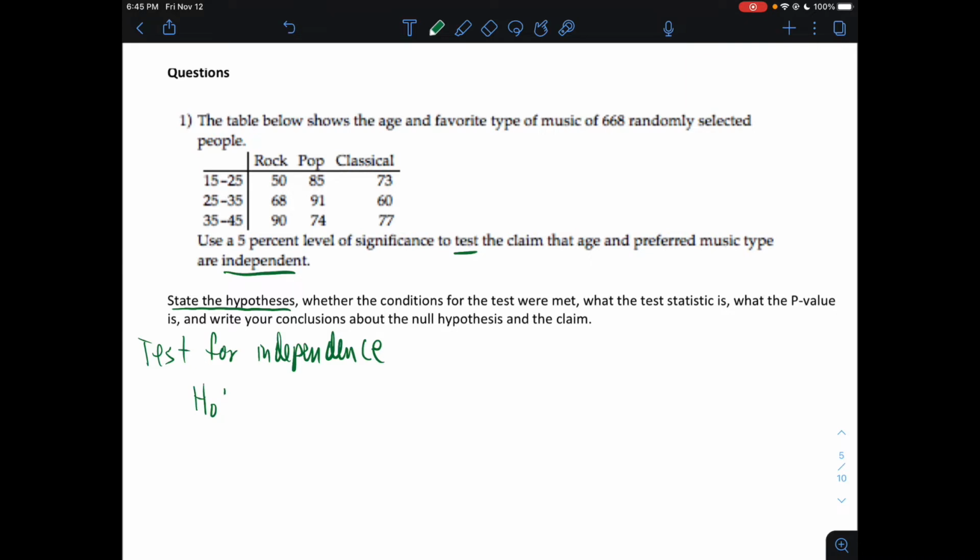So for a test for independence, the null hypothesis, symbolized by H0, in our case, would be that our categories are independent. So in our case, it would be age and favorite type of music are independent.